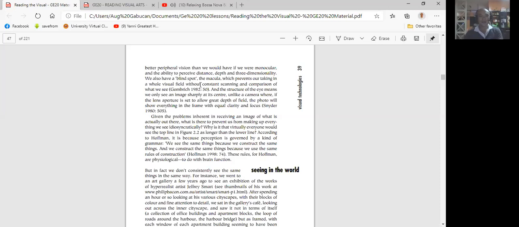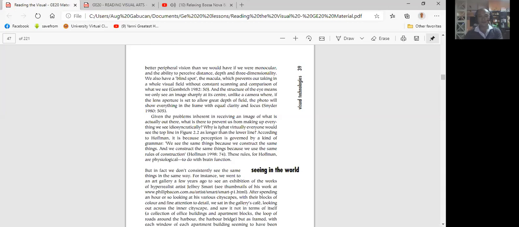So we also have the blind spot, or we call it the macula. Given the problems inherent in receiving an image of what is actually out there, what is there to prevent us from making up everything we see idiosyncratically, that means uniquely?